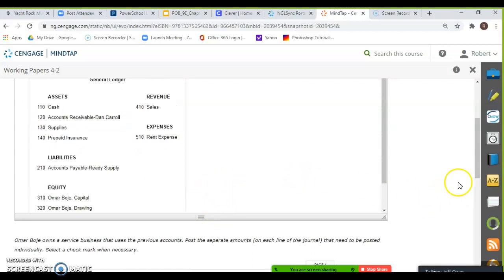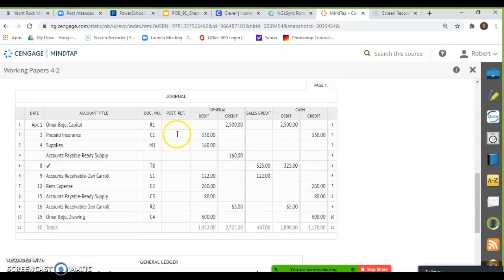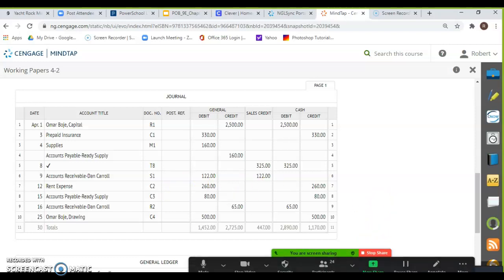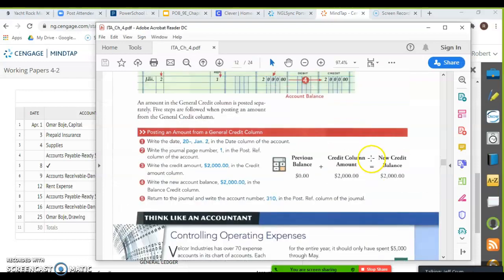So the first step that we've got to do, so we've got all these down here too, all of our ledgers. We're going to fill in the post-reference numbers here with our account numbers from the general ledger. Let's see where this is at in here.